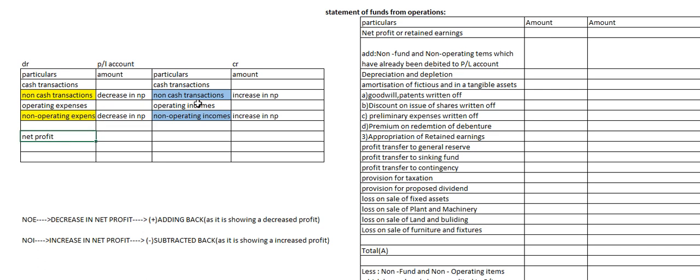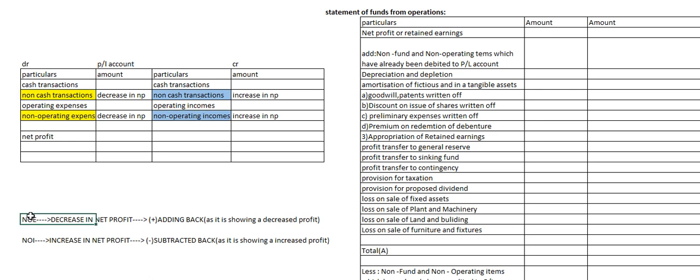And when you add your non-operating incomes, you will have your net profit increased. So respectively, in order to come up with the funds from operation, in order to have the correct profit gained from operating activities, we need to ignore the non-operating expenses, non-cash transactions, and the non-operating incomes.